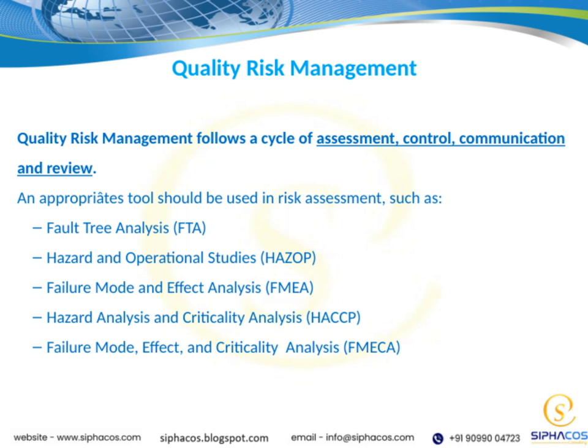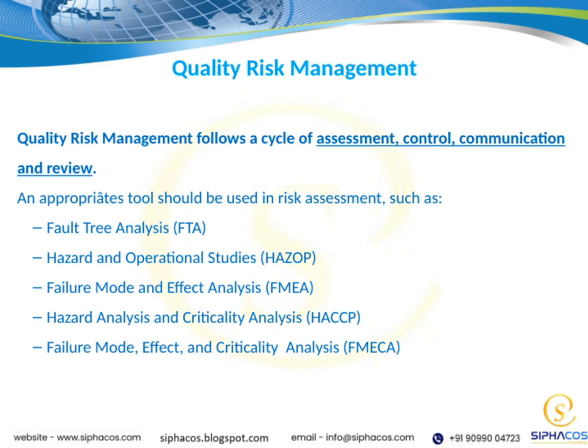Some of the key tools include fault tree analysis, which helps us understand the root causes of failures. Then there's hazard and operational studies, or HAZOP, which is great for identifying hazards during processes. Failure mode and effect analysis, or FMEA, allows us to evaluate potential failure modes and their impacts.